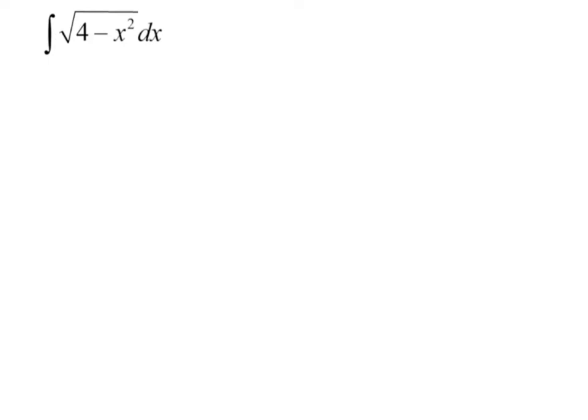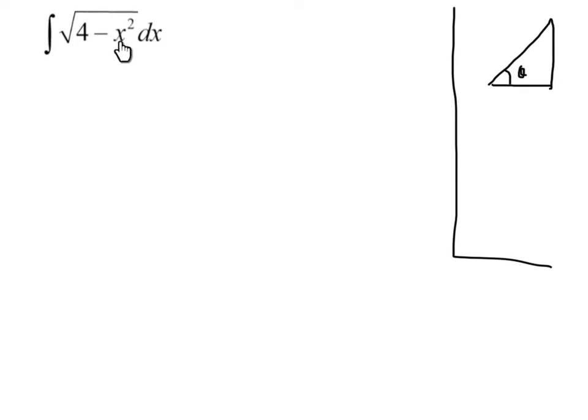So let me create my little spot over here for a triangle. I always draw it the same way and put theta in the same spot. Now remember, we're trying to mimic the Pythagorean theorem. So in this case, we have a difference. We've got 4 minus x squared.